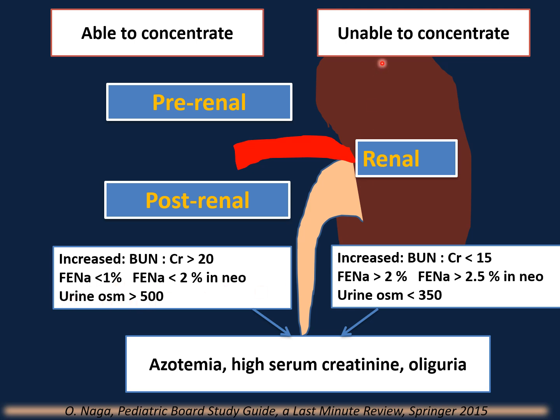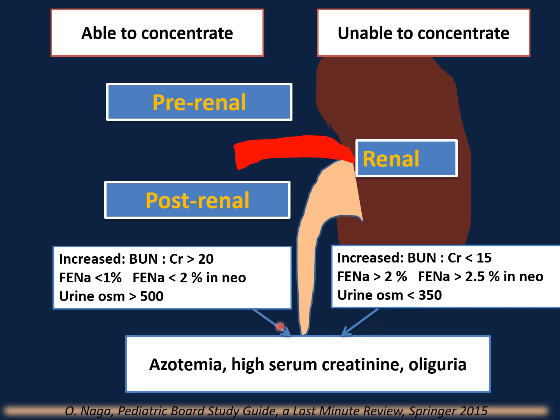In cases of renal, because the renal tubules are damaged, you expect to see the BUN to creatinine ratio less than 15, because the kidney cannot concentrate the urine. The kidney will lose a lot of sodium, so you expect to see in the urine FeNa more than 2% in older children and more than 2.5% in neonates, and urine osmolality is low.